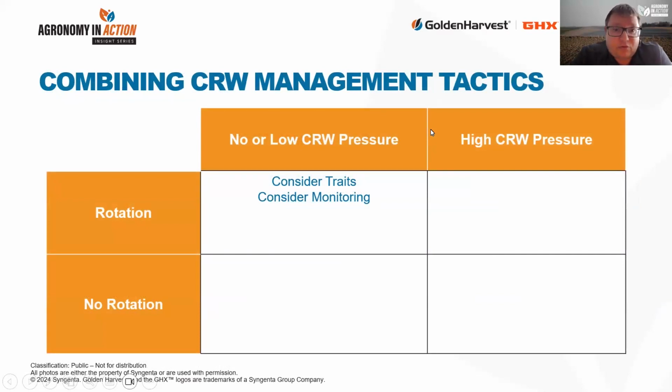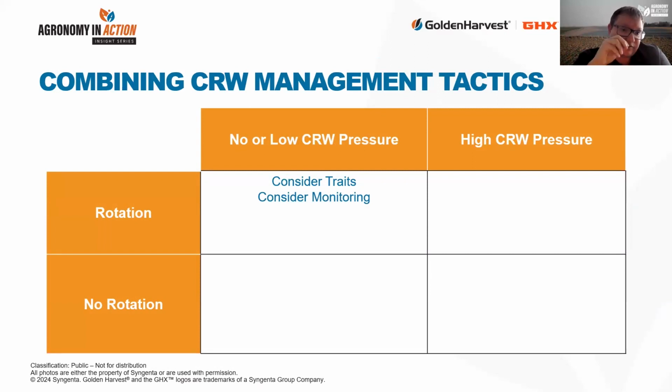I really like this quadrant graph here that breaks things into: do we have no or low corn rootworm pressure? Do we have rotation or no rotation? Because the way I recommend people think about the tactics on the table is that they're going to depend on which of these buckets I'm in. The first one kind of goes without saying.